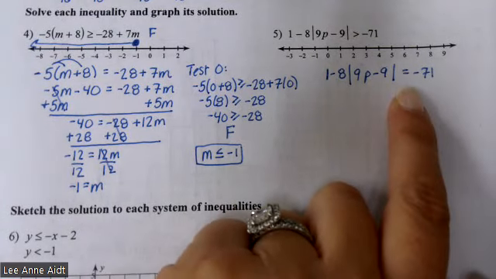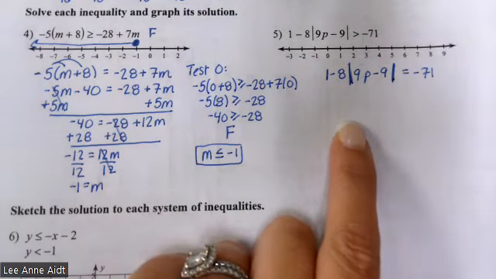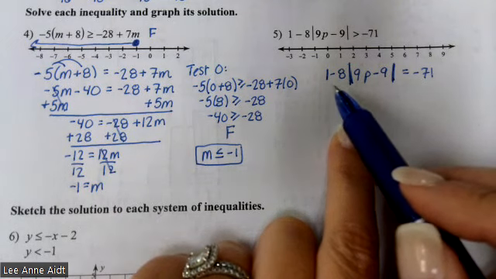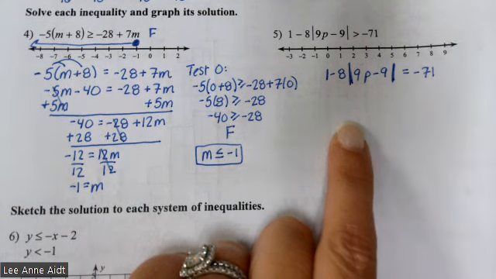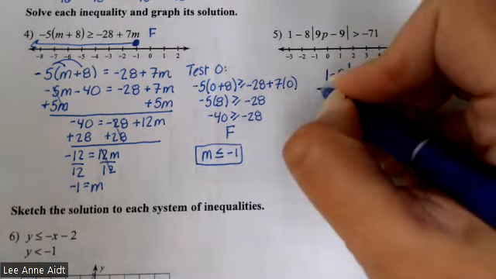Number 5. Step 1, pretend it's equals. And this one, you can call me a jerk if you want, but I'm putting this on here to try to trick you into making this -7. And it's not -7. That's not what you do there. Does anybody know what you do there? Minus what?